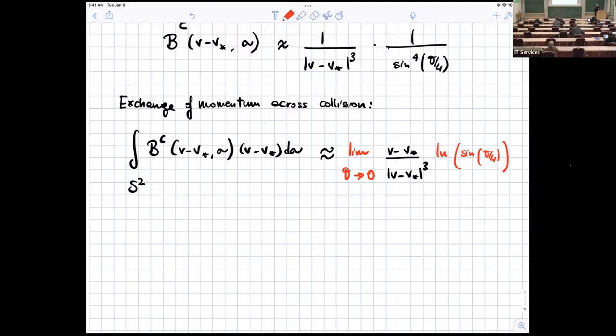Obviously this limit is not well defined. So there is a logarithmic singularity that appears in the Boltzmann kernel when we consider Coulomb potential.